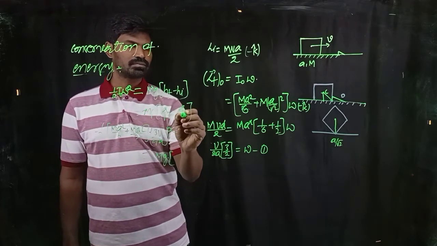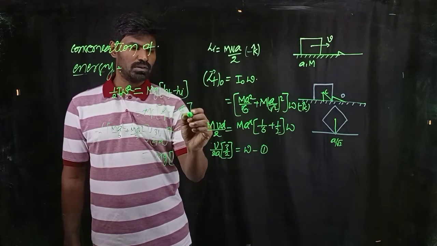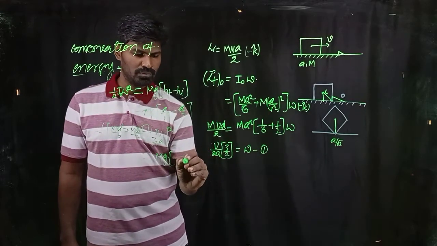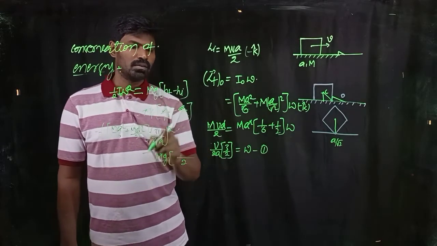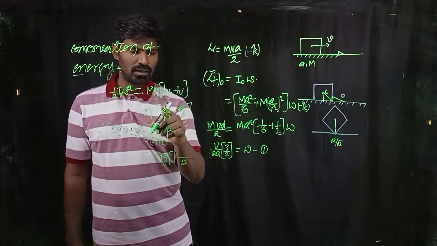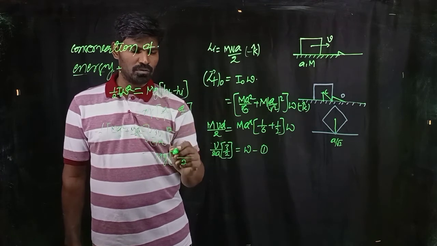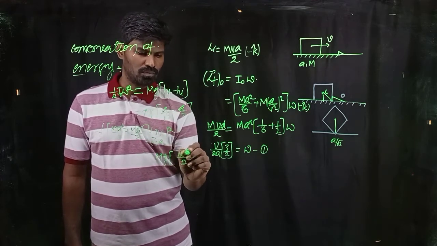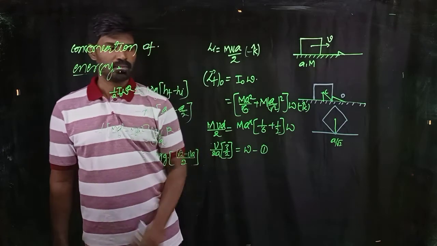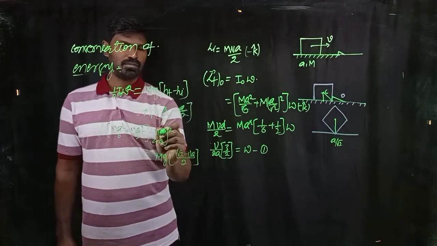You can write it as a by root 2 minus a by 2. Root 2 into root 2 is 2, so 2 is the LCM. If you multiply and divide by root 2, you will be getting root 2 minus 1, into a. Through this we can find out the value of v.